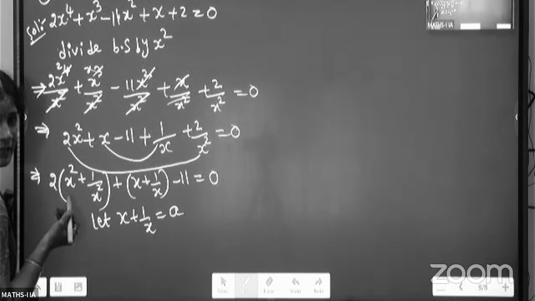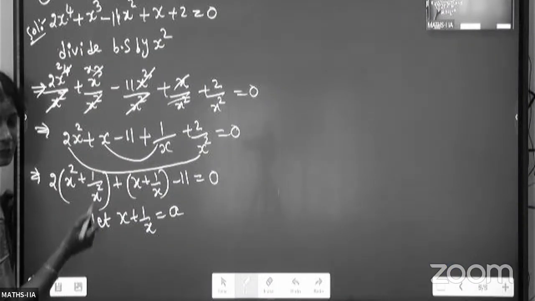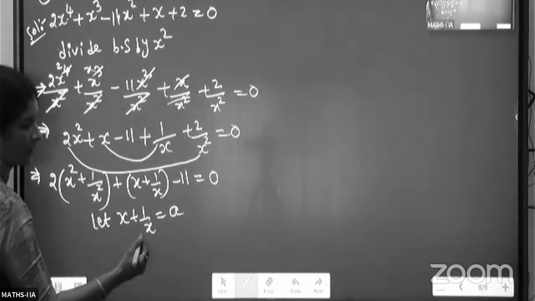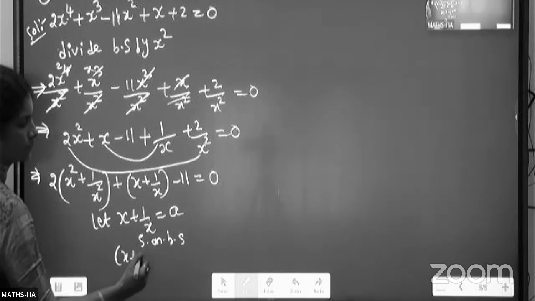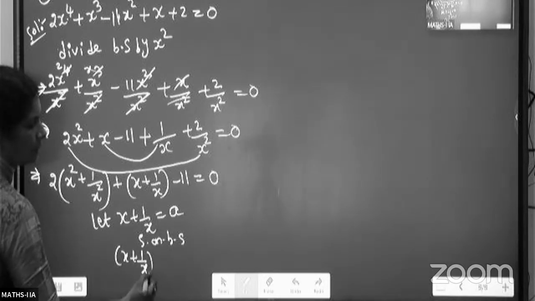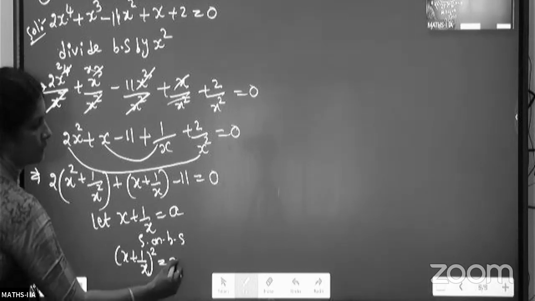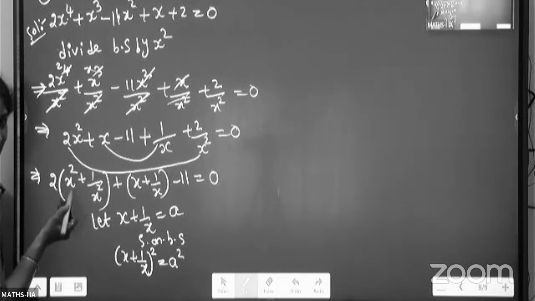The first part we have is x square plus 1 by x square. What should this be replaced with? Squaring on both sides, x plus 1 by x whole square is equal to a square. But it is not exactly the first part, right?